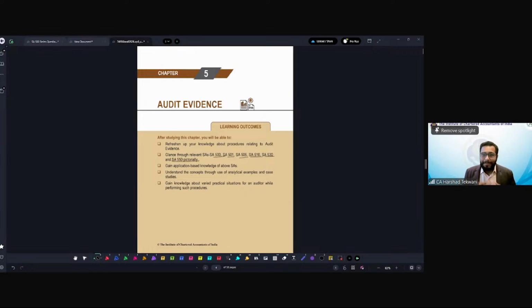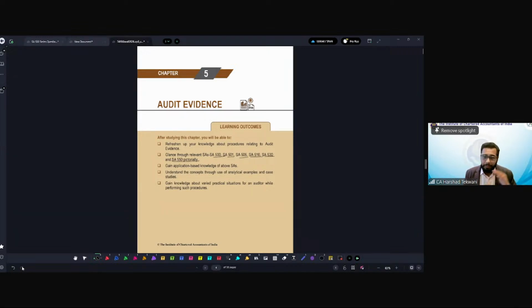Remember, at multiple stages we have discussed obtaining sufficient and appropriate audit evidence. How to gather that? What is audit evidence? What procedures are we required to perform? So basically, here we will understand the procedures to obtain the audit evidence.